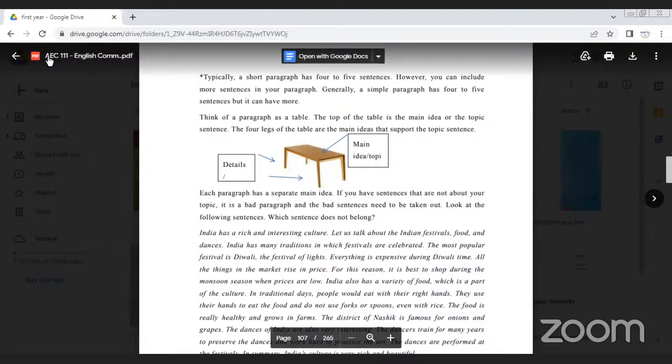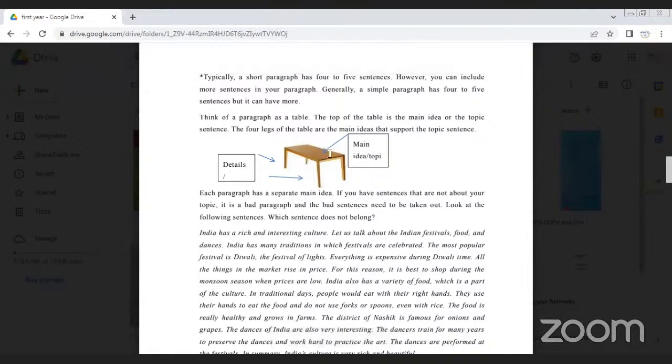However, you can include more sentences in your paragraph. Generally, a simple paragraph has 4 to 5 sentences, but it can have more. Think of a paragraph as a table. The top of the table is the main idea. This is the main idea of your paragraph.